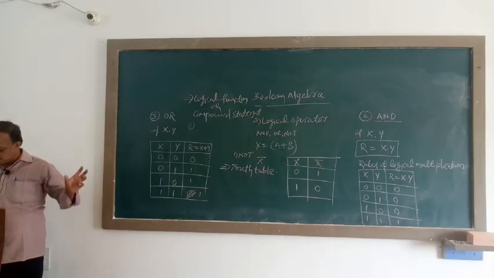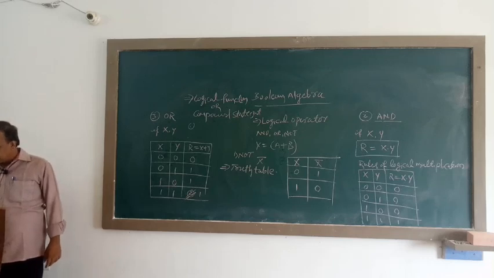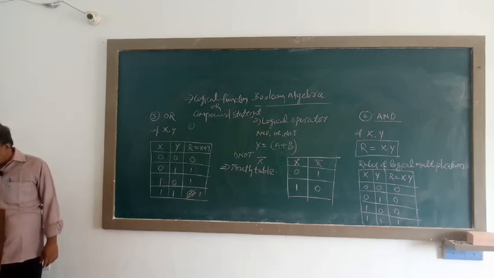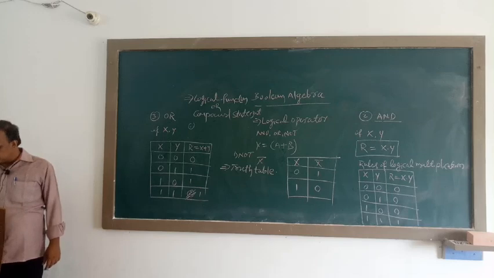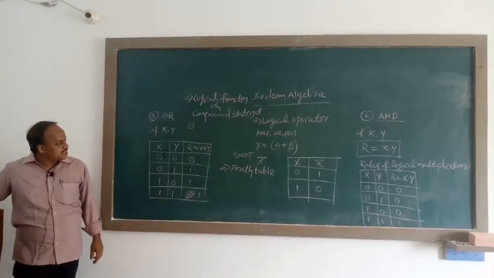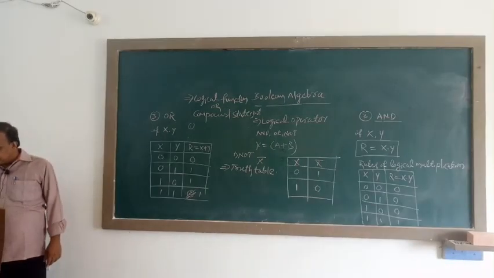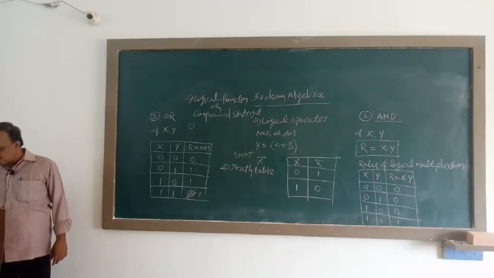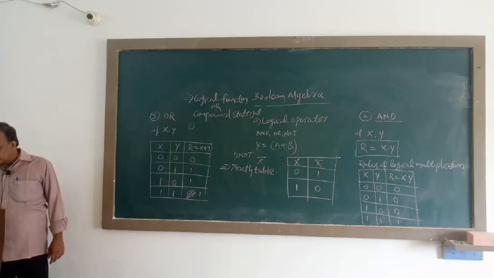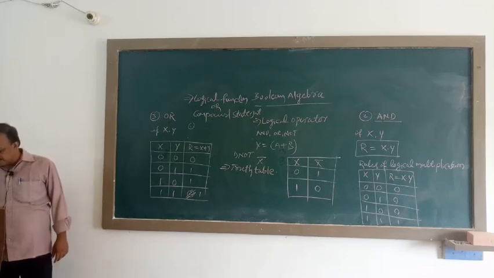A convenient and helpful way to organize the truth values of various Boolean expressions is a truth table.